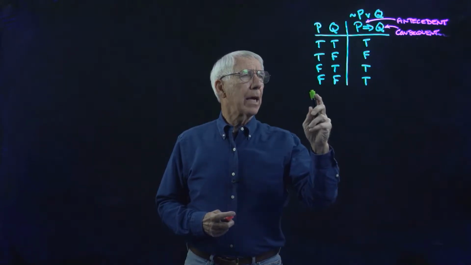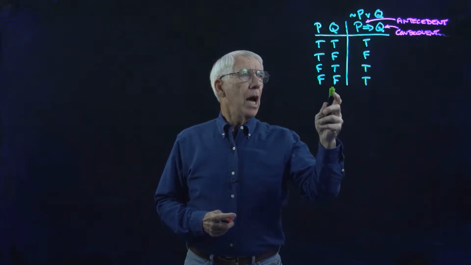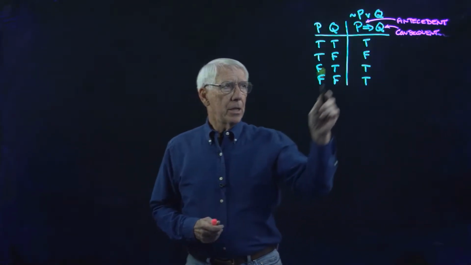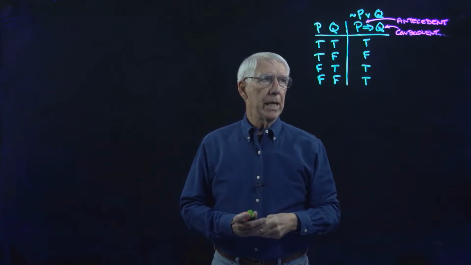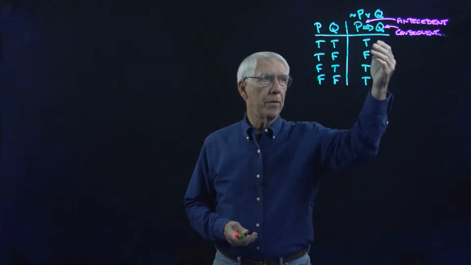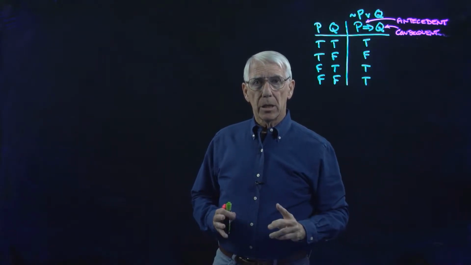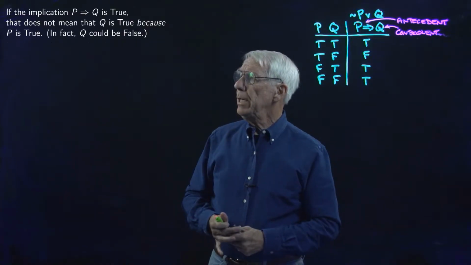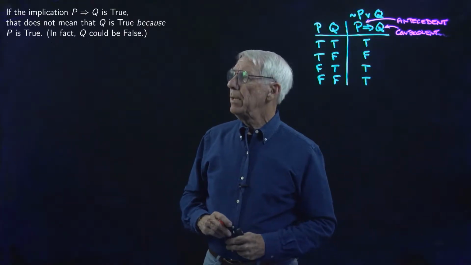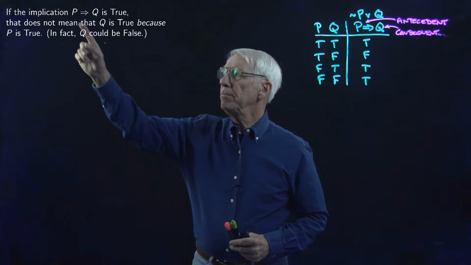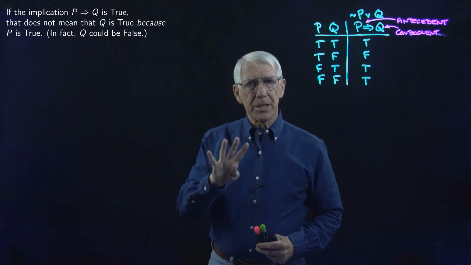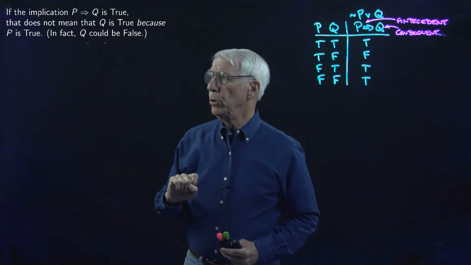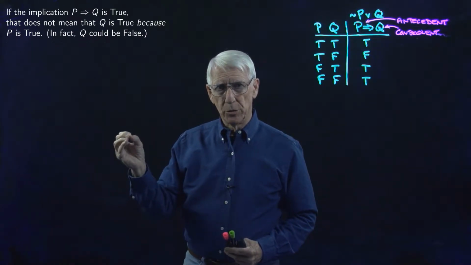Let's look at a few examples of statements that are implications and try to see some of the issues having to do with when the implication compound statement is true and when it's false. Notice that when the implication P implies Q is true, that does not mean that the consequent Q is true because P is true.